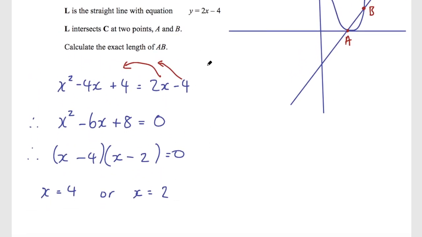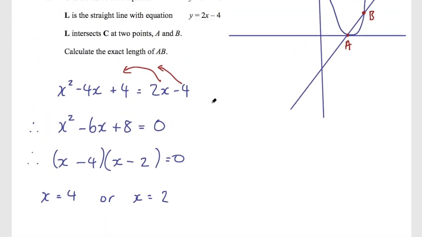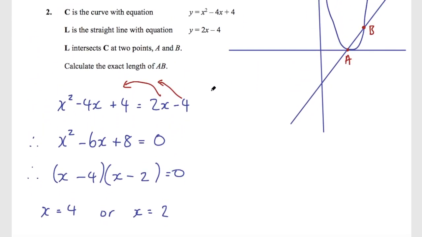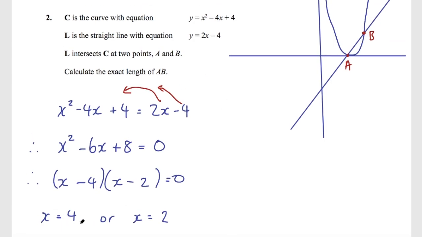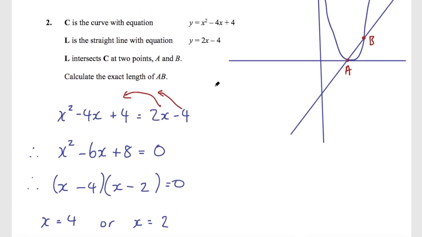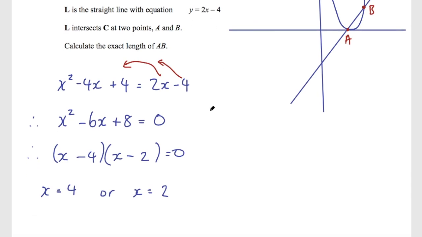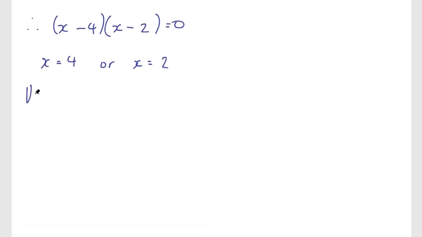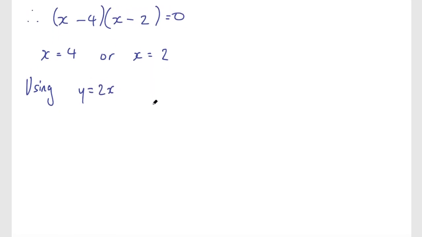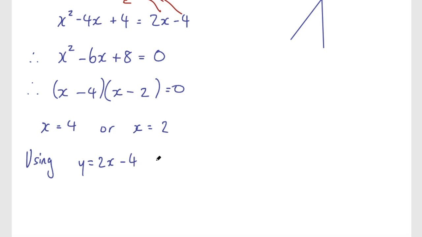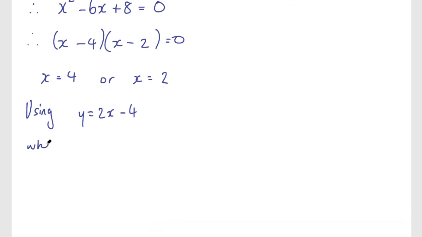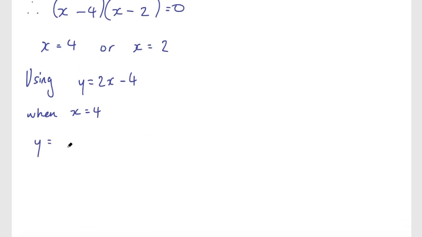Alright, so I've solved for x. I've found the two x coordinates of A and B, and now I need to find the y coordinates. Well, the way I can find the y coordinates is to substitute these x values into one of these equations. I'm going to pick the straight line equation because then I don't have to deal with an x squared. So I can say that using y equals 2x minus 4, when x equals 4, y will equal 2 times 4 minus 4.